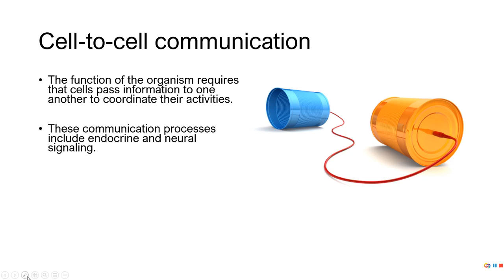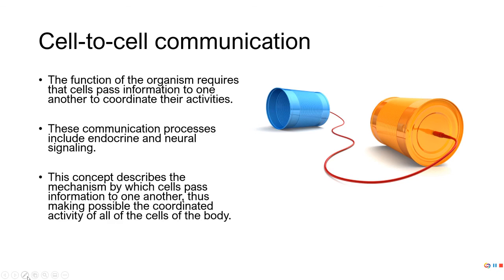Remember, the endocrine is kind of a global one, where hormones are released all throughout the body, whereas the neural process is very directed, and a neuron sends a signal to a very specific location in the body. As a result, one cell can communicate with another cell.